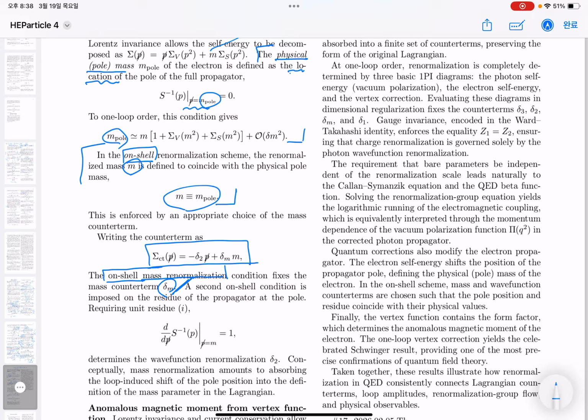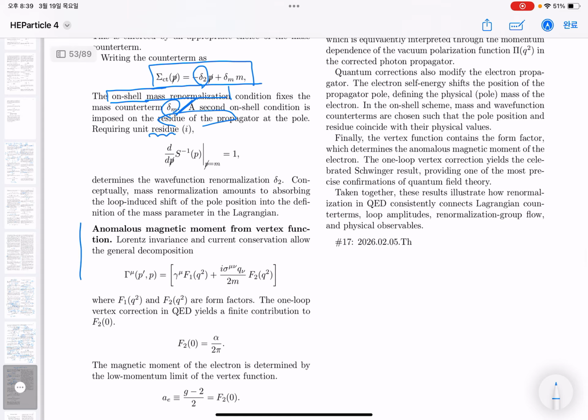And the second on-shell condition comes from the residue of the propagator, which means that if we differentiate the inverse of the propagator, we can obtain the residue, and we require that this residue is equal to just unity, which determines the remaining counterterm delta 2.